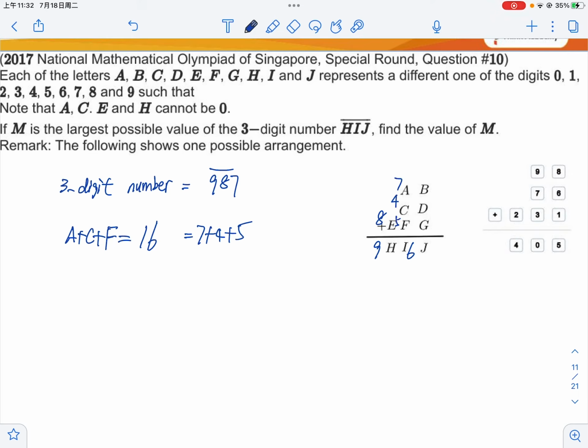So for J, what's the remaining part, biggest value? It can only be 3. 3 is just B plus D plus G equals 3. Then you may find 0, 1, 2 is possible. 0, 1, 2. Now you can find the biggest value is 963.